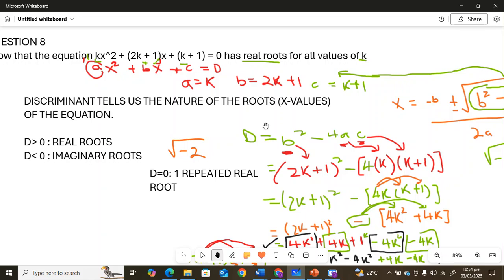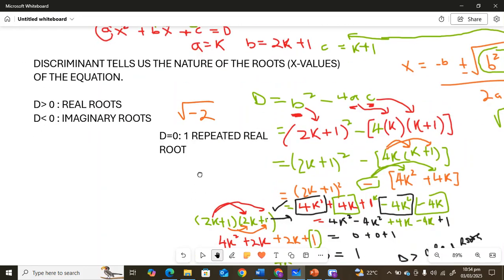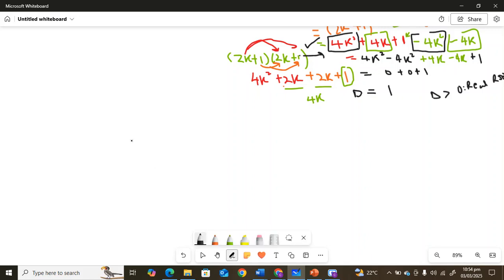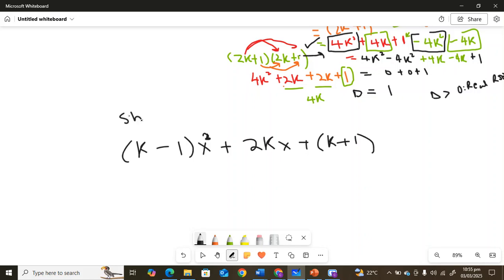Can I give a practice question? So as the question says, show that the equation has real roots for values of k.